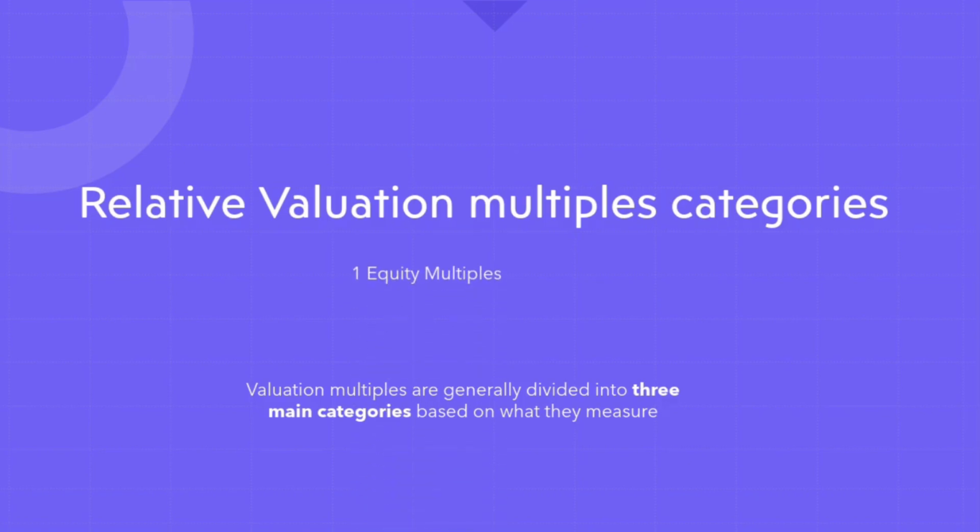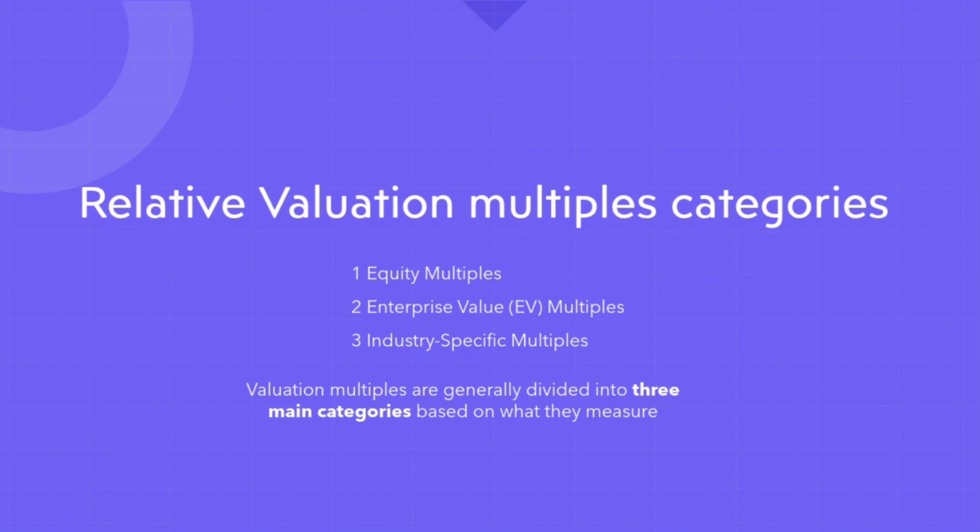First one is equity multiple. Second one is enterprise value multiple. Third one is industry specific multiple. Equity multiples are like the PE, PB, PS, P by CF, which is cash flow from operations. Enterprise value multiples are EV by EBITDA, EV by EBIT, and EV by free cash flow.